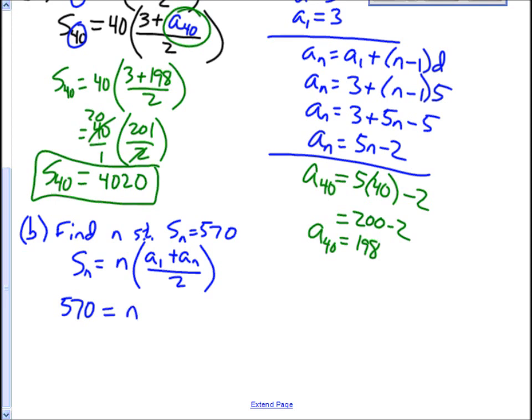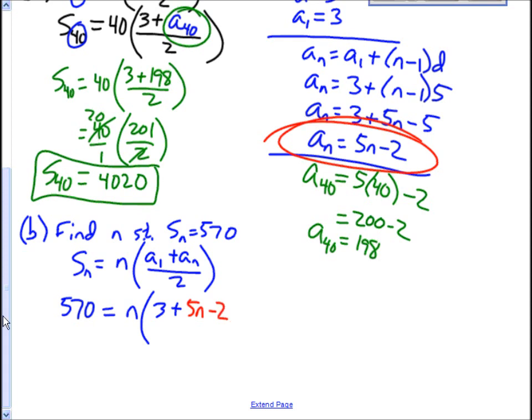Say, I don't know n, right? I'm looking for that. I do know the first term, which was 3. I don't know a subscript n, we don't know what term that is. We don't know the nth term, but we have the formula, right? So I go back up to my formula right here, 5n minus 2, and I'm going to write that in.